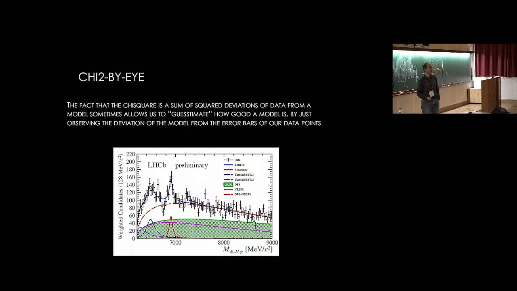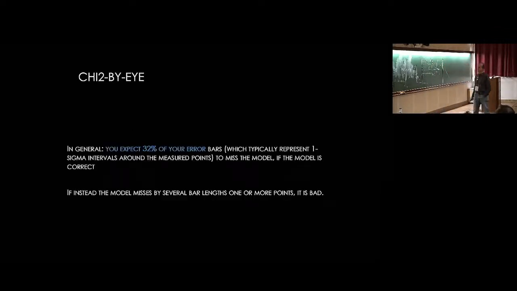That is a good fit. It misses some vertical bars. That's what it's expected to do, because you want the uncertainty bars to cover 1 sigma. And so you expect that some of them will fluctuate away. Okay? That doesn't mean that the model is the right one, but it is a good fit. All right. And that's what I said here.